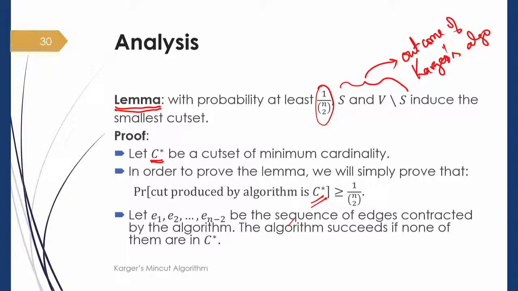What is the probability that the algorithm succeeds? Well, if all of these edges that were picked for contraction missed C star, then what we will be left with at the end is going to be C star.